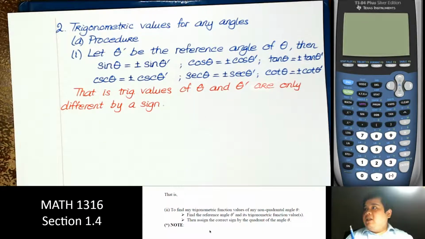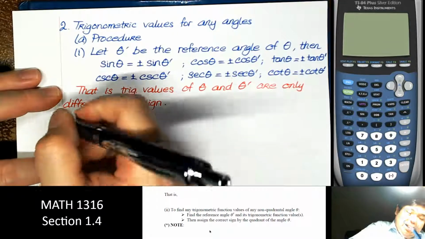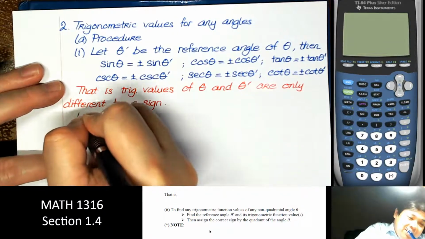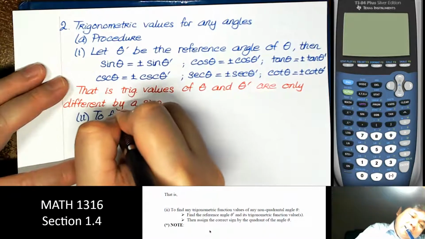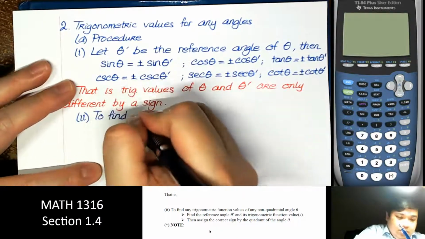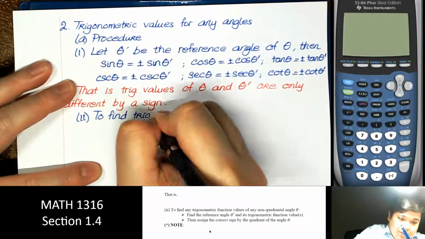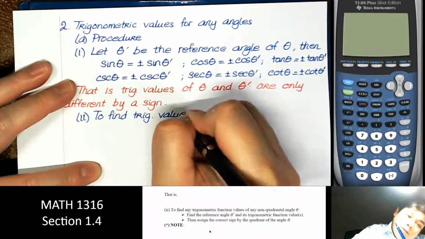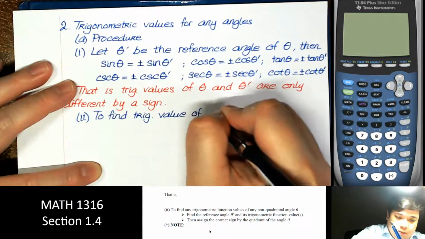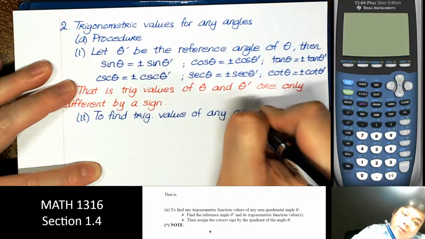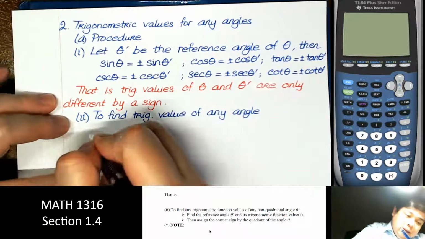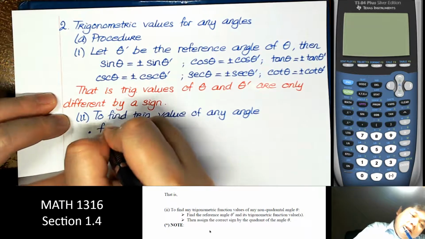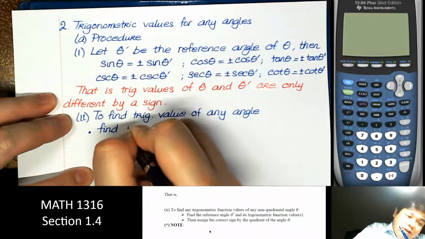So because of that, we go to the second step. So to find the trig values of any angle, first step is to find the reference angle.